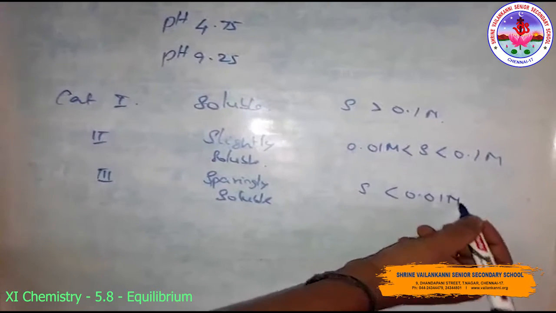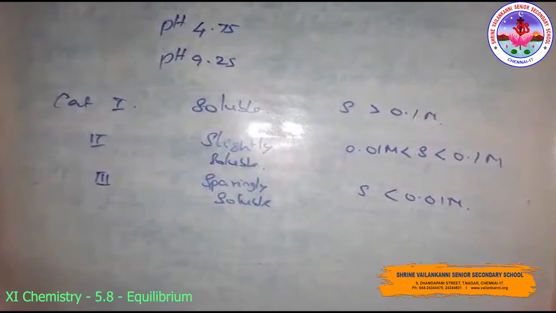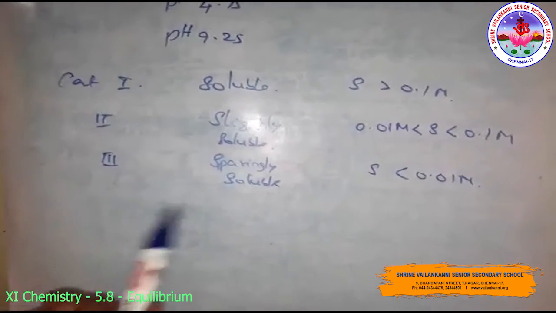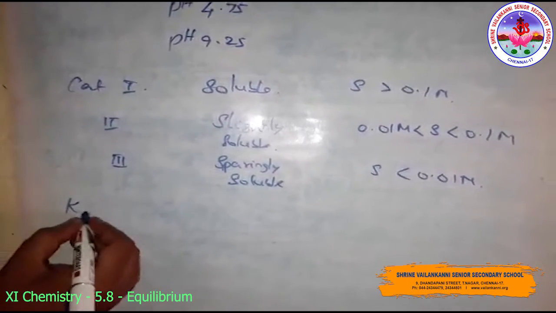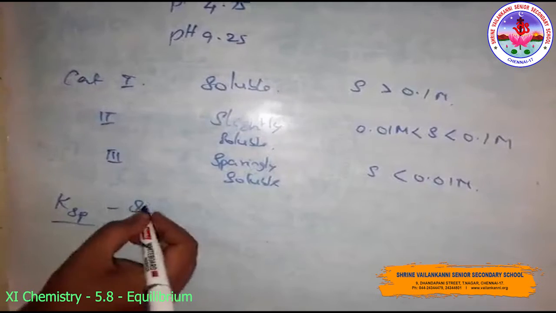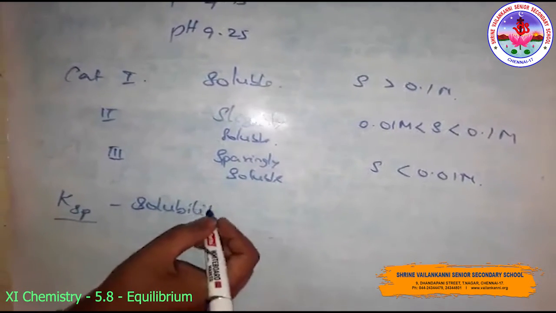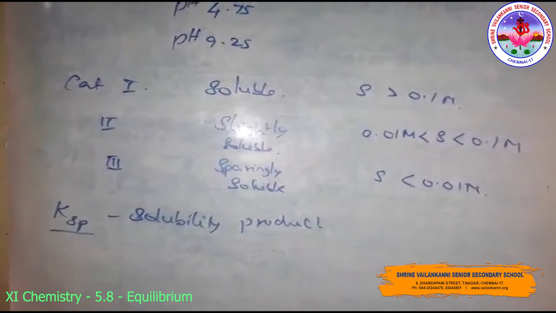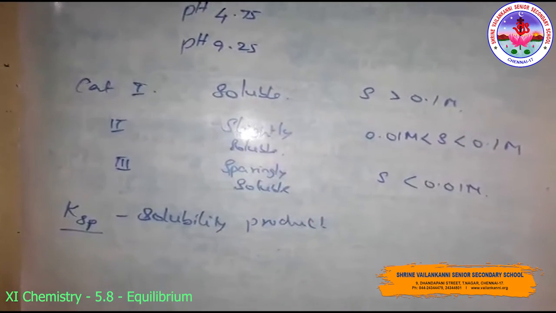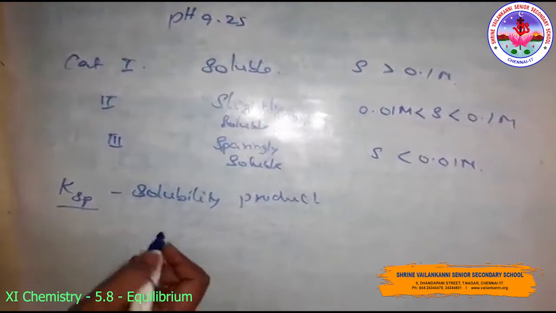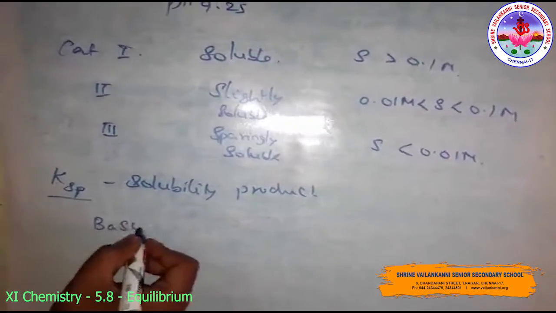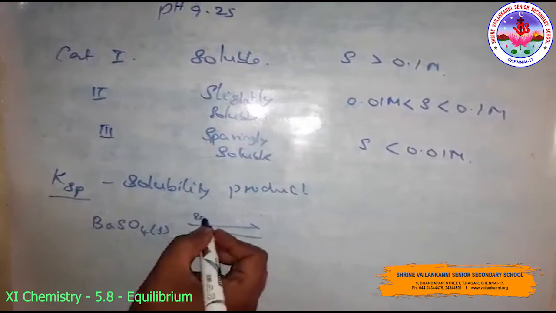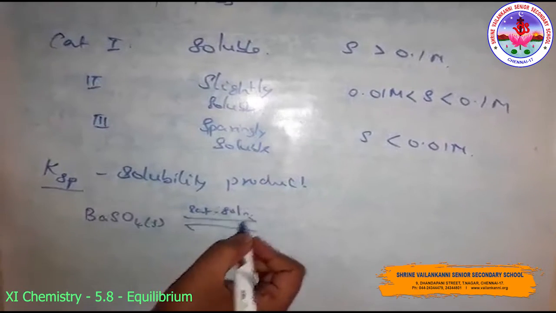Now consider the equilibrium between a sparingly soluble ionic salt and its saturated aqueous solution, that is the solubility product, simply written as Ksp. Here, solid barium sulphate, BaSO4, is in contact with its saturated solution in water.